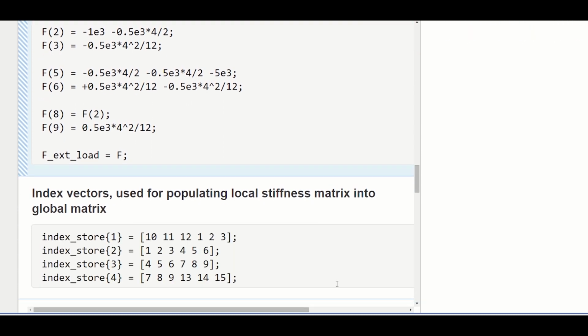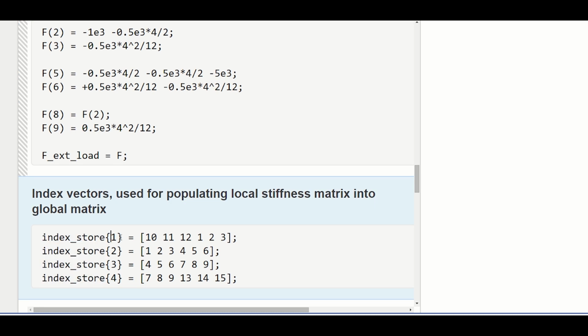Apparently you can calculate the index vector through a for loop. However, to make everything easy, I just manually typed it in here. So basically I generate the index vectors. That curly bracket means you are calling a vector from the array of arrays.